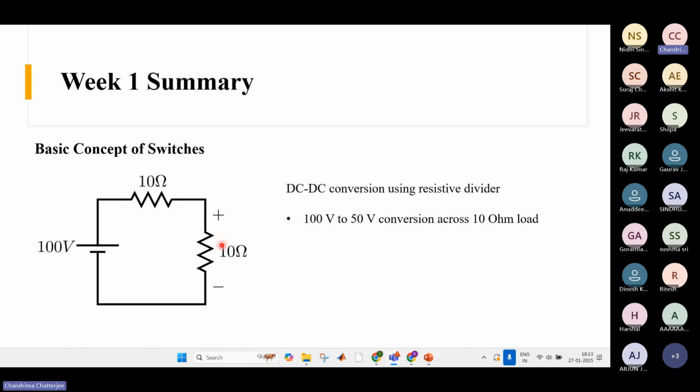That is pretty straightforward, because there are two 10 ohm resistors and there is a 100-volt source. Can you tell me what will be the current through this circuit?